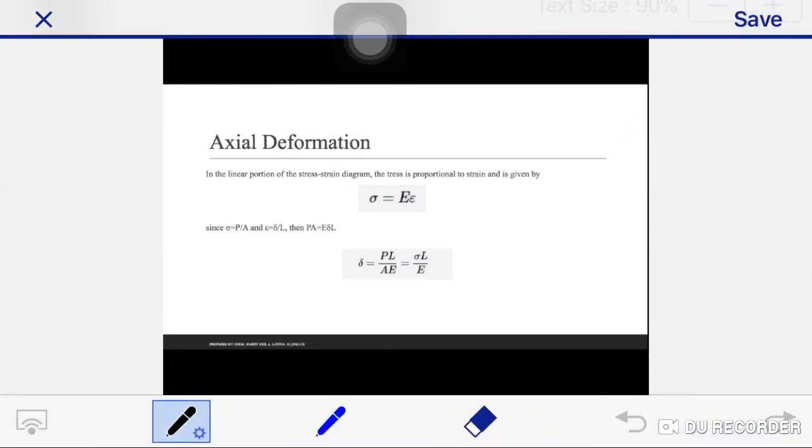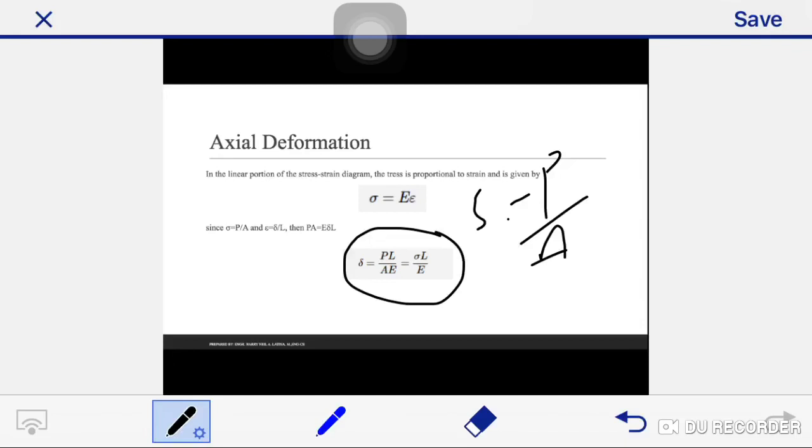Then next, since stress is equivalent to P over A, di ba ang stress natin is equivalent to P divided by A, and then P over A is equivalent to modulus of elasticity times strain, and strain is deformation over length. So after rearranging the equation, ito yung makukuha nating formula where deformation is equivalent to PL divided by AE, where P is compression or tension force, L is the length of the material, A is the cross-sectional area of the material, and E is the modulus of elasticity of the material.